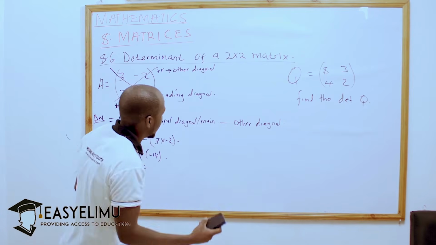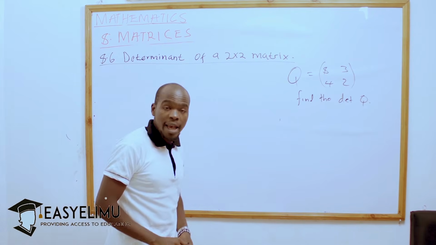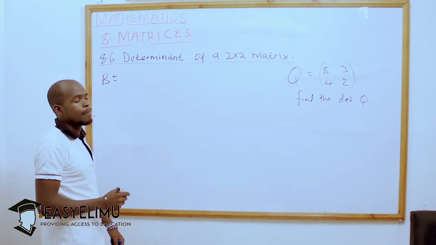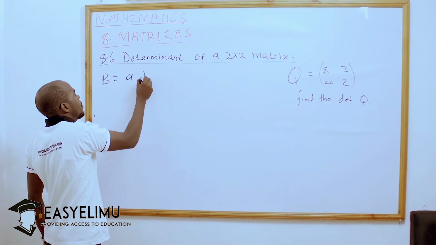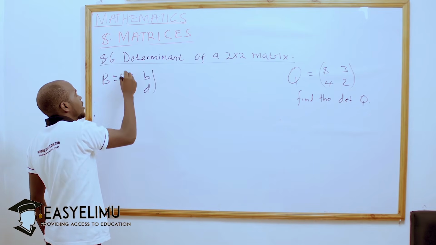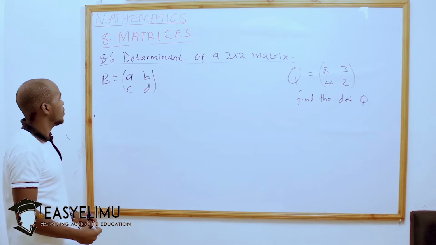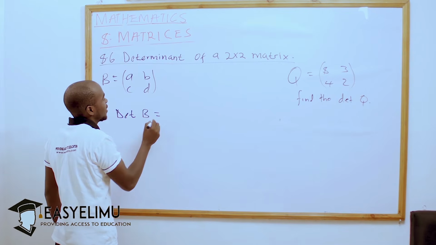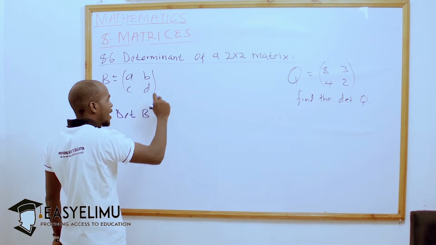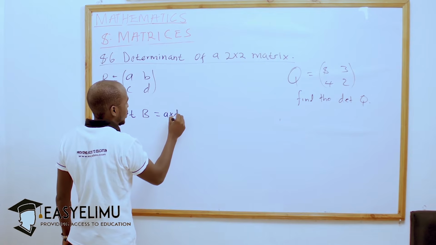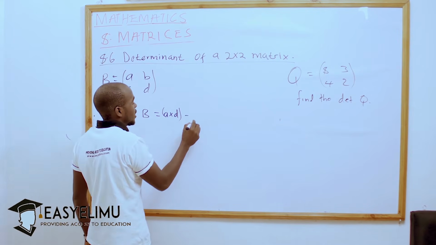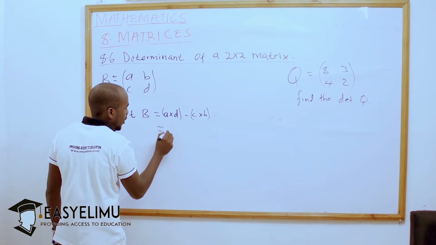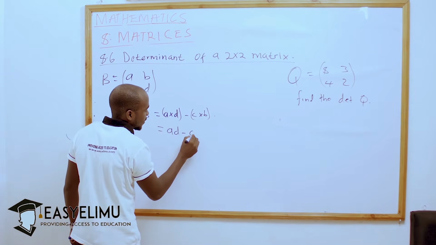Now, we can say in general, if we have a matrix B, which is A, B, C, D with its entries or elements, then the determinant of B is given by taking the leading diagonal, A by D, then we subtract the other diagonal, C by B, and this gives us AD minus CB.